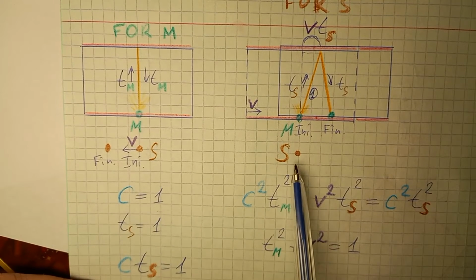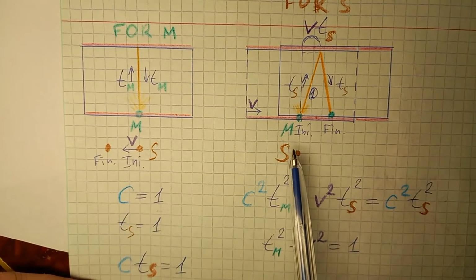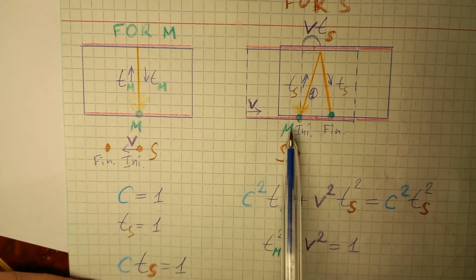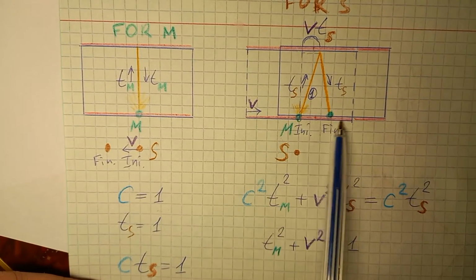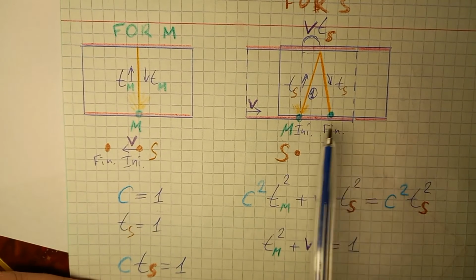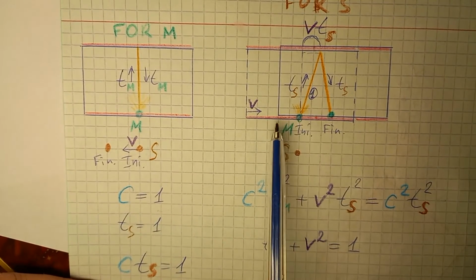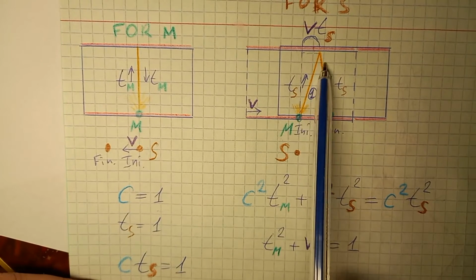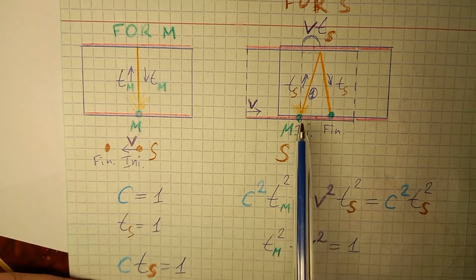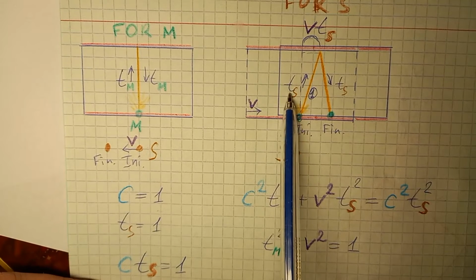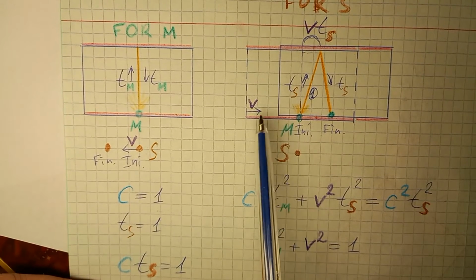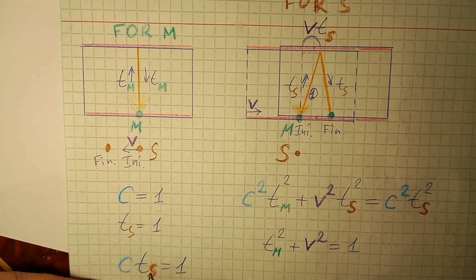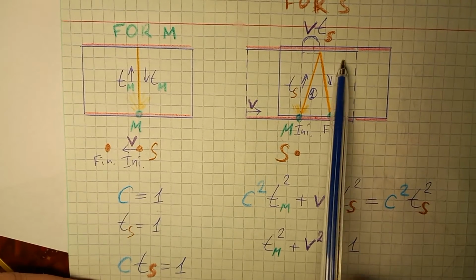For us, it looks like this, like M moves forward, and light goes forward and back with time ts, ts forward and ts back.